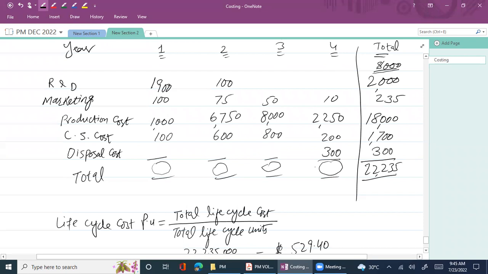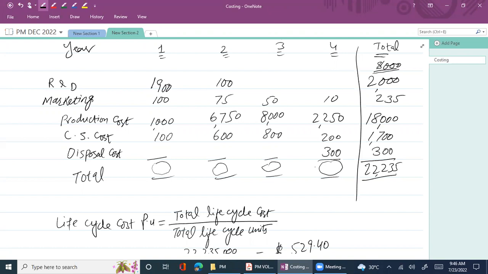And in your management accounting paper, you have studied the concept of time value of money. And we know that a dollar received today is not equal to a dollar received after 1 year or after 2 years. So whenever there are 1 to 4 years, you did the NPV questions, you calculate the present value of the cash flows.